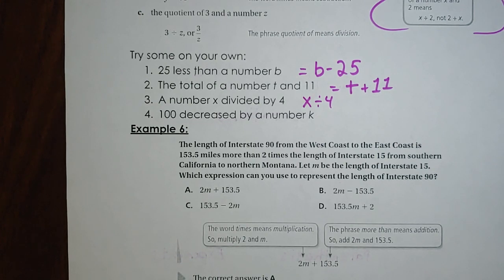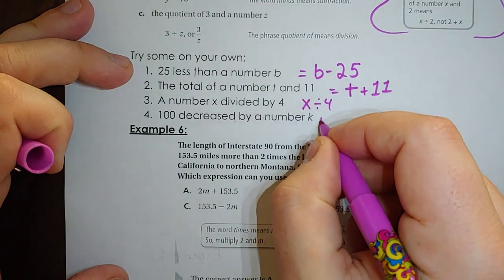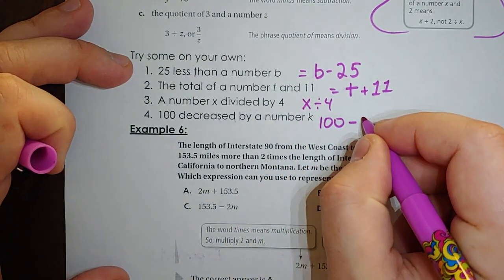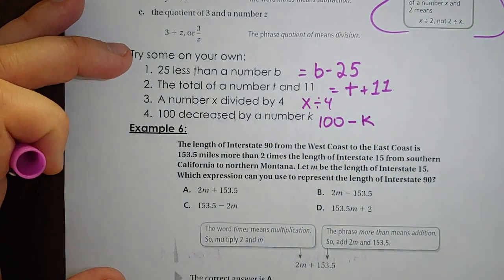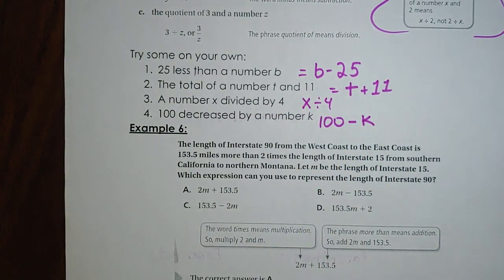So it's 100 decreased by K. Check your symbol in the middle. 100 is being decreased, so 100 will be our first number. Is that correct? Yes. Perfect. Most of y'all have that. So it's 100 minus K. Okay?